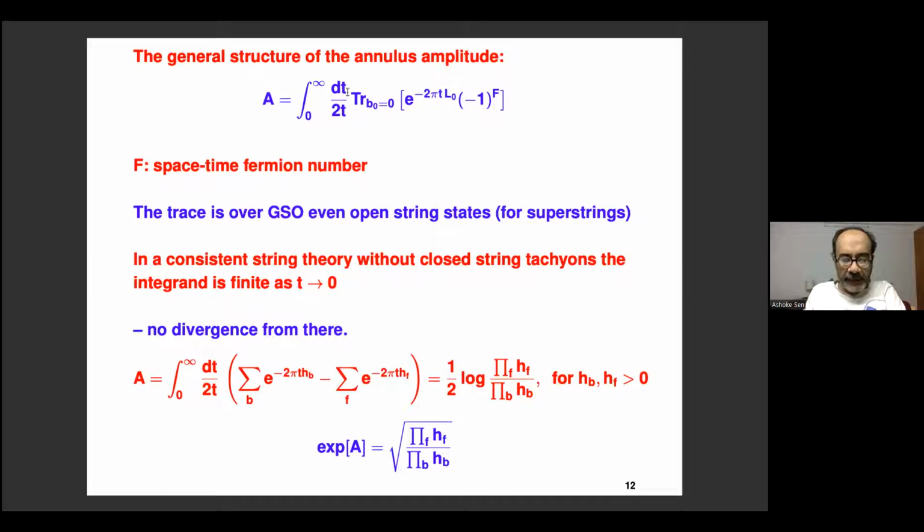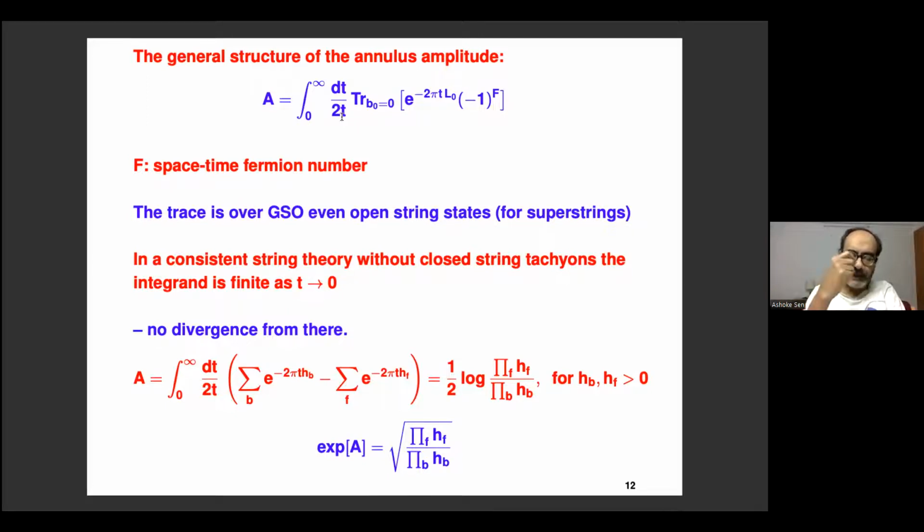Now, this has the possibility of divergence from the t equal to 0 end and the t equal to infinity end. But in fact, if you have a consistent string theory without closed string tachyons, then one can argue that the integrand is finite as t goes to 0, because t going to 0 is a closed string channel, and there is no divergence in the closed string channel as long as tachyons are absent. Massless particles can be present, but since you are talking about D-instantons, the dimension is low enough that the massless particles really don't give divergences.